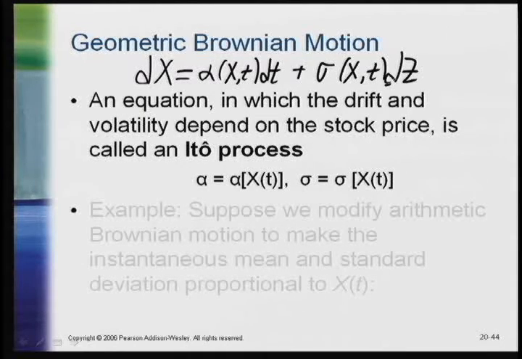So geometric Brownian motion is a simple example of a general Ito process whereby we hypothesize that this drift function is simply the constant alpha times x, and this volatility function is simply a constant sigma times x.